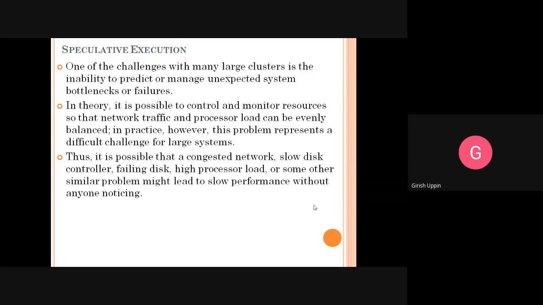In theory, it is possible to control and monitor resources so that network traffic and processor load can be evenly balanced. In practice, however, this problem represents a difficult challenge for a large system.